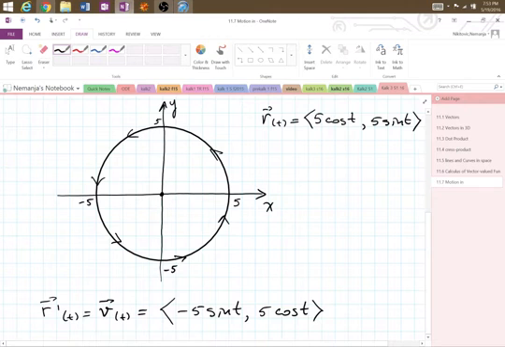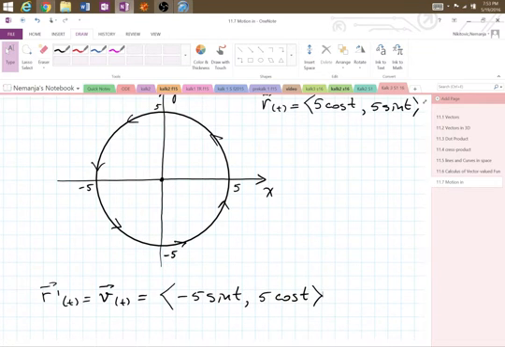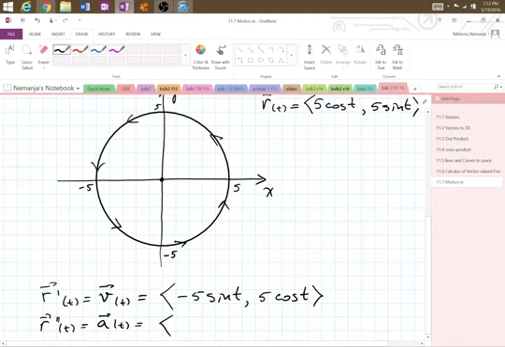Great. And then we're going to find acceleration. Perfect.